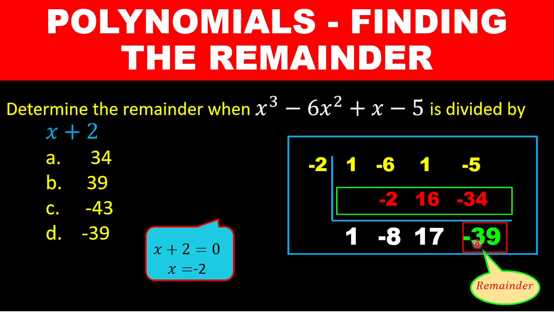So once again, when x cubed minus 6x squared plus x minus 5 is divided by x plus 2, the remainder is going to be minus 39. So when we go through the options, you can see clearly that the best option is going to be option D, minus 39, and we are done.